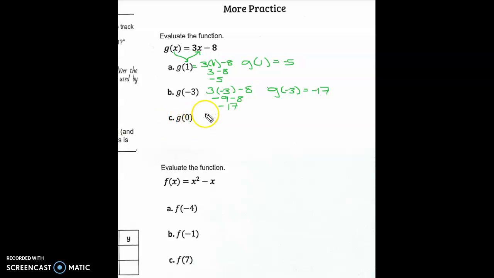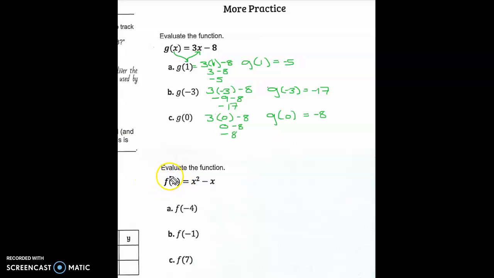G of 0. So I'm going to plug in a 0 in for the x. So now I have 3 times 0 minus 8. 3 times 0 is 0. Still need to subtract 8. I get negative 8. So my value when g is 0 is negative 8. Now, we have f of x.